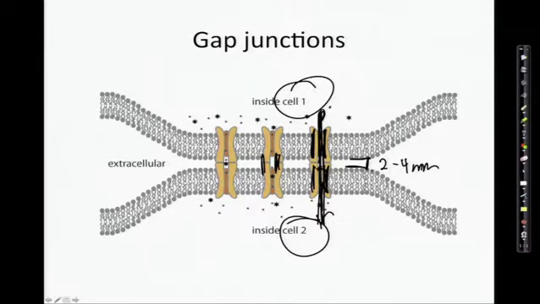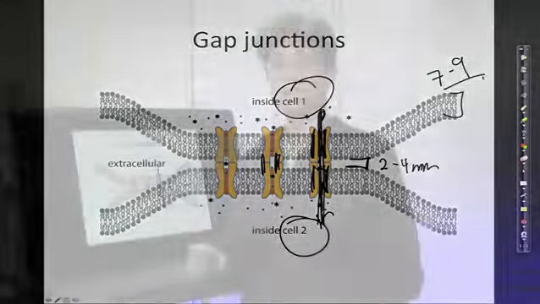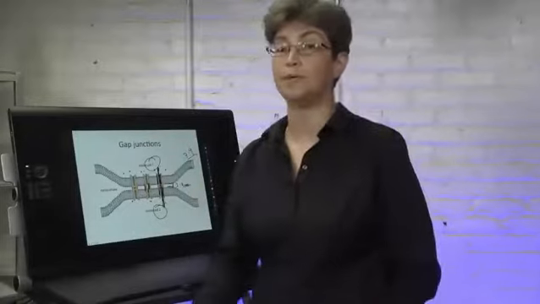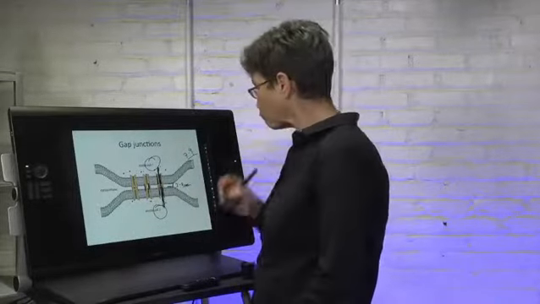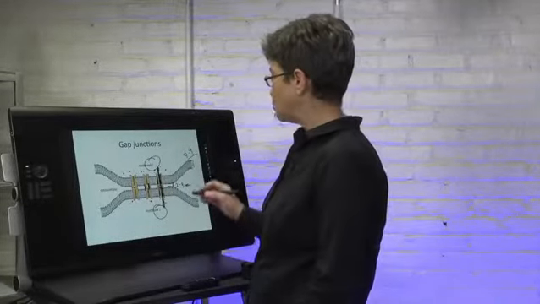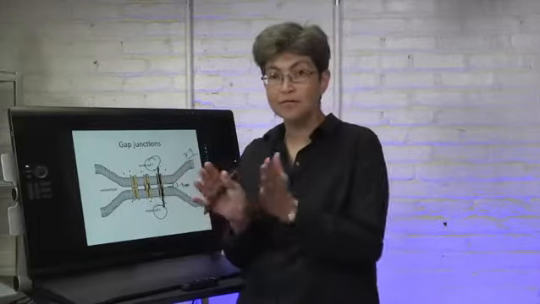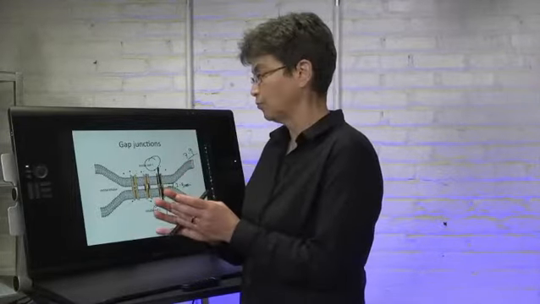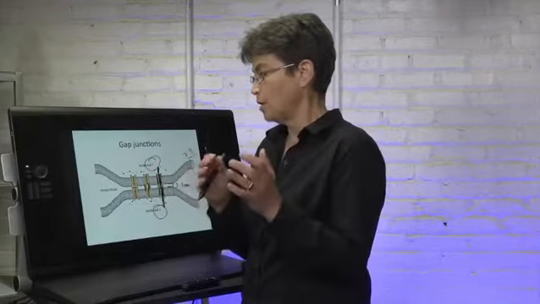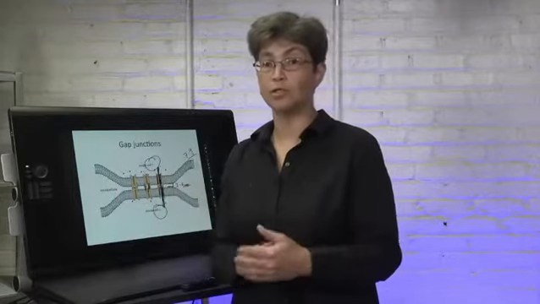The membrane is, let's say, 7 to 9, something like that. A synaptic cleft is on the order of 20 nanometers, something like that, 15 to 20. So this is a very thin divide that the gap junctions have to go through. Okay, so that's how we're going to get ions across a membrane.